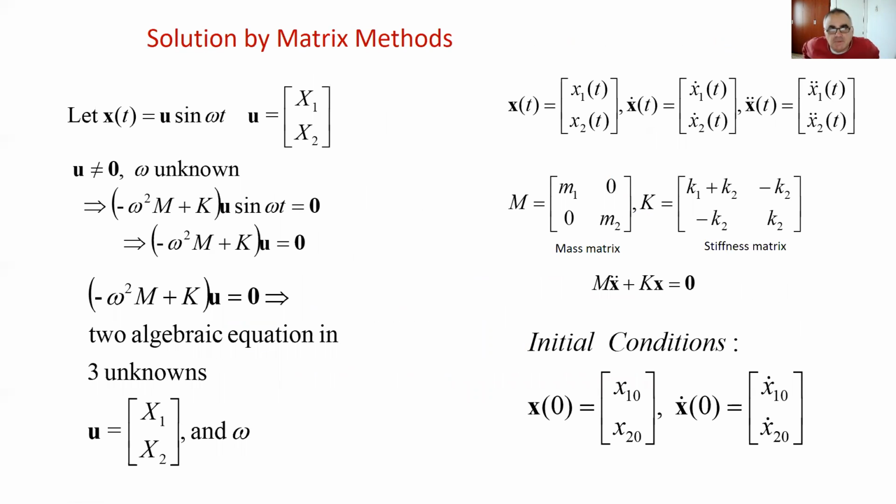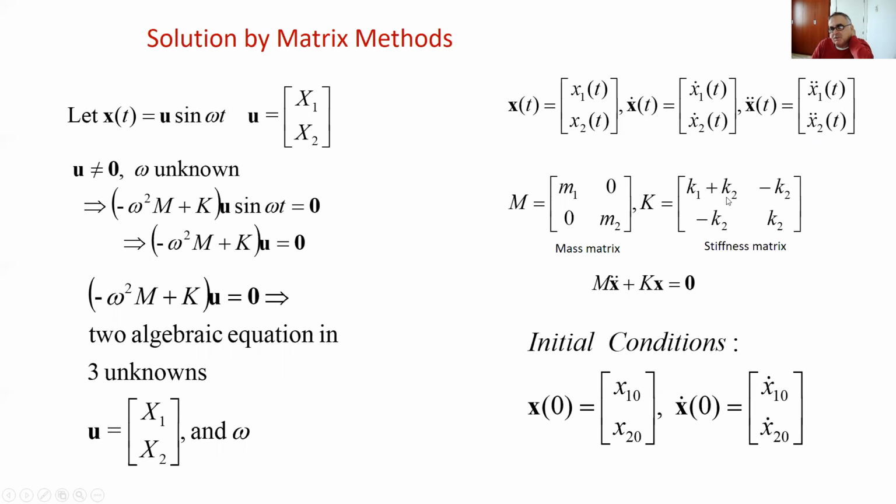Now, how do we solve it? The way we solve it is as follows. First of all, our position vector is x1 and x2, position of the first mass and the second mass. The derivative of the position vector is the velocity vector, which is x1 dot and x2 dot, and the acceleration vector is similarly x1 double dot and x2 double dot.